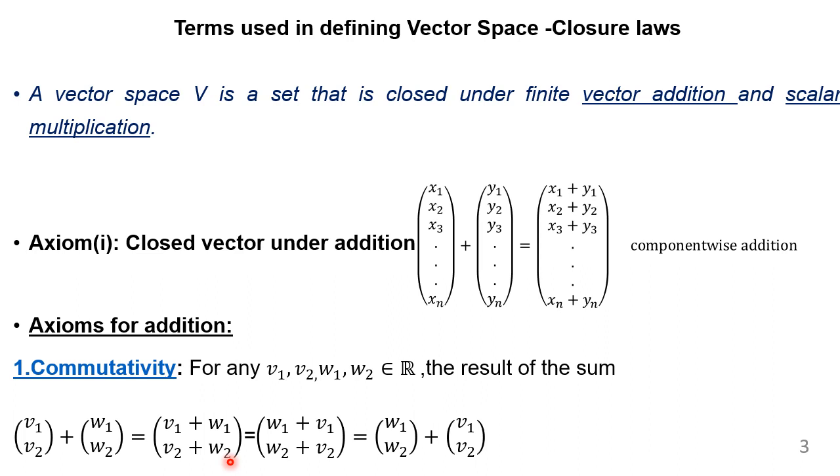I can rearrange the vectors inside the vector space as w1 plus v1, w2 plus v2, which will be equal to w1 w2 plus v1 v2.